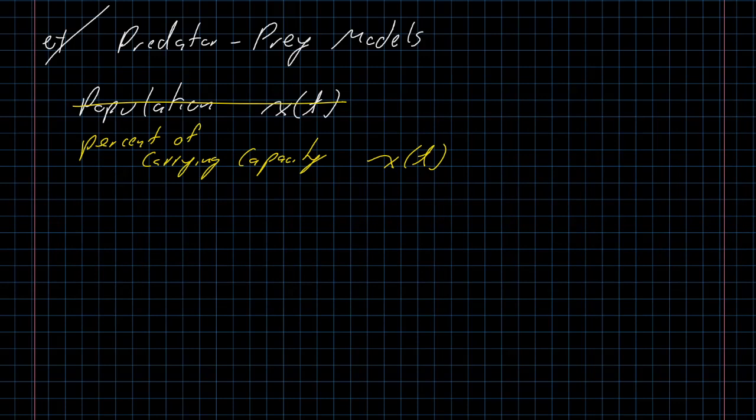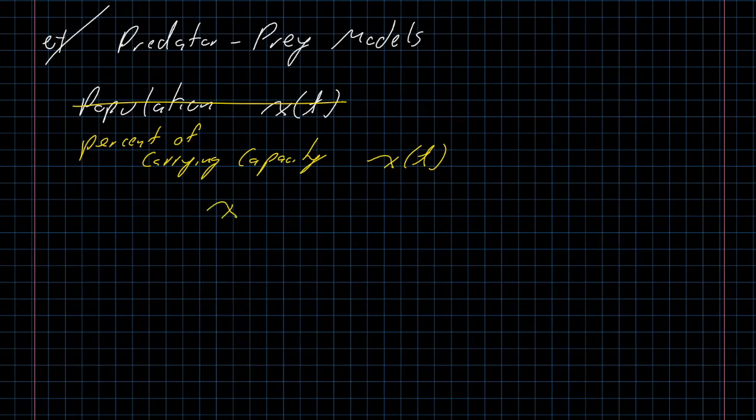So we are analyzing a population of something, rabbits in a field, and we know that based on the size of the field, the amount of grass that's growing, if everything else is perfect, there is some number of rabbits that is the maximum that can be supported. If there are more rabbits than that, then the population is going to start dying off because they're not getting enough food, they're not getting enough space to live.